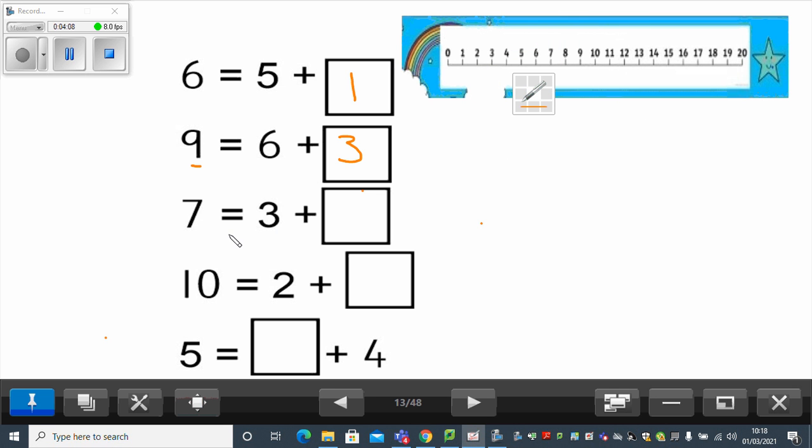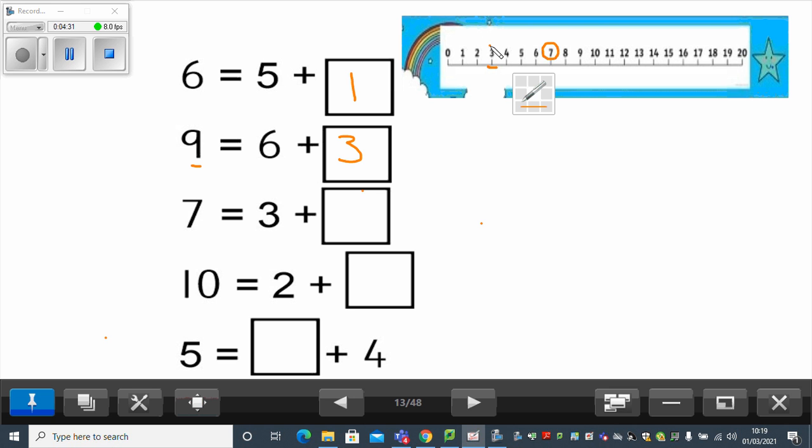Okay, let's have a look at the next one when we've got rid of this. There we go. So now we're working out 7 equals 3 add what? So starting from 3, because that's the part I have, we're finishing at 7 because that's our whole number, but how many jumps are in between these numbers which will give me my missing parts? Ready to count the jumps?